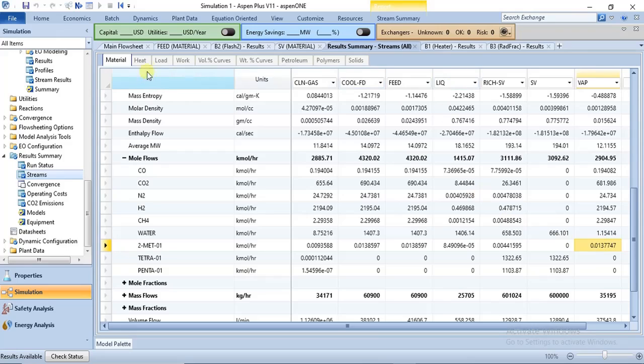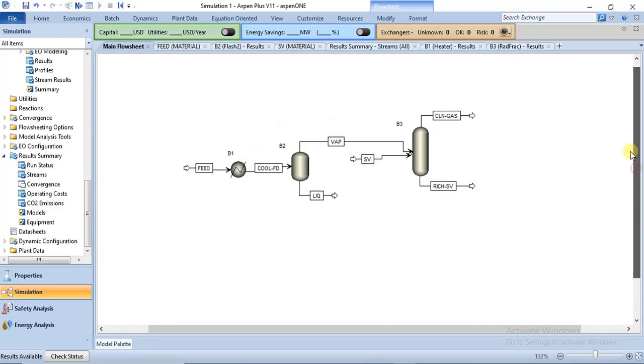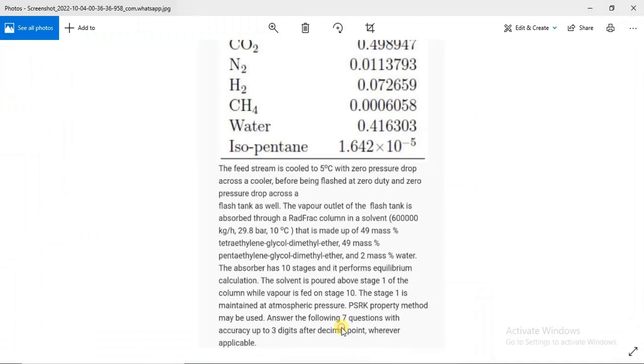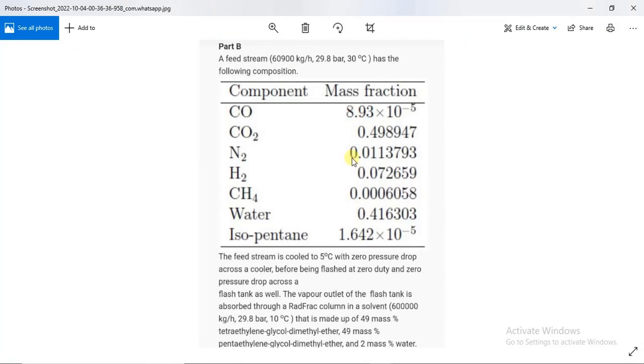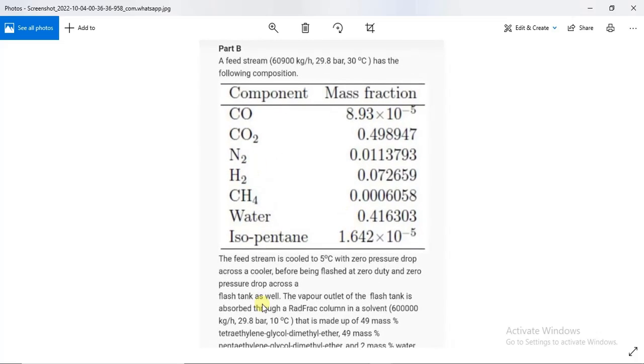And with that, we have come to the end of this particular tutorial. This tutorial just shows you how to solve this particular problem. Like I told you, the most important thing is to understand the problem statement.